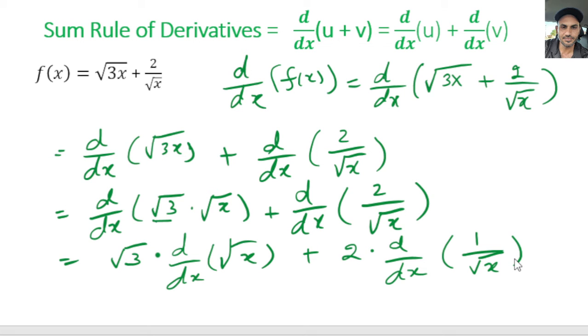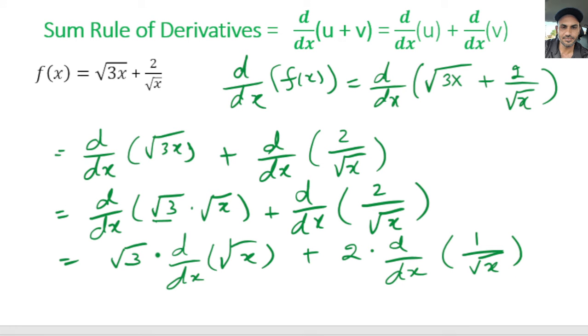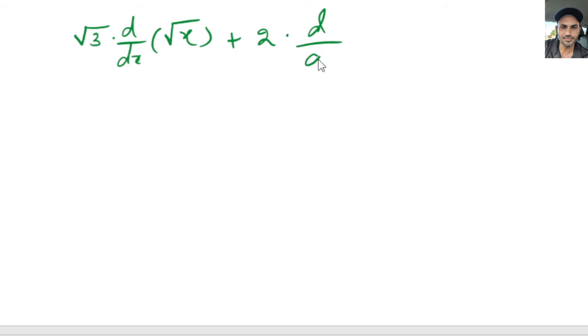Okay, now let's simplify it further. So let me add a slide. So we have square root of 3 times d over dx of square root of x, plus 2 times d over dx of 1 over square root of x.